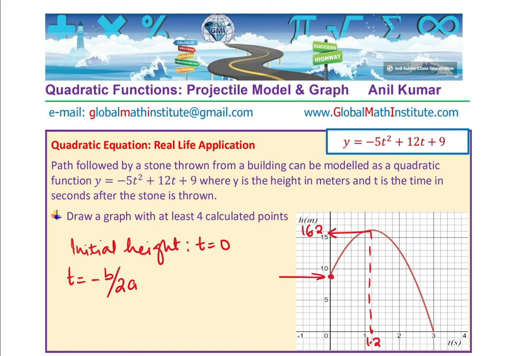And this is after substituting this maximum value, or the axis, right? So this is also called the axis. So maximum, because negative leading coefficient, parabola opens down. So we have a maximum at axis, which was t equals 1.2. And then to find the last point, we use the quadratic formula.